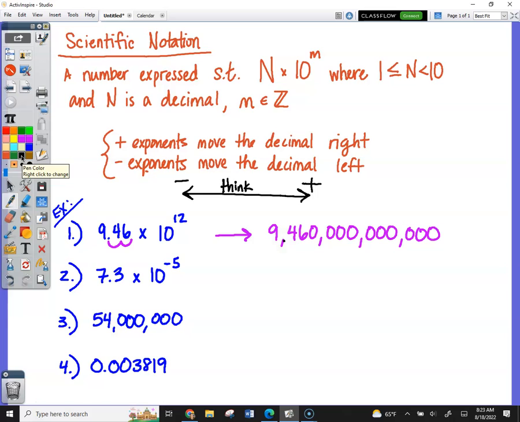So it was here. 1, 2, 3, 4, 5, 6, 7, 8, 9, 10, 11, 12. Alright, this one starts here, but I'm going to the left. So that would be 1 movement, 2 movements. You should have gotten a decimal that looks like this.